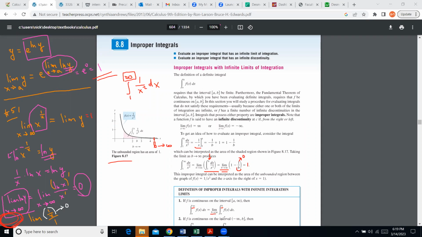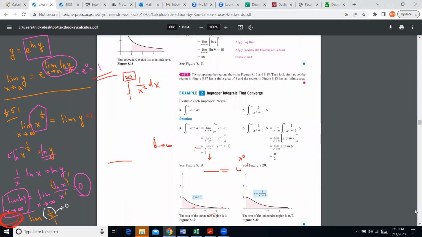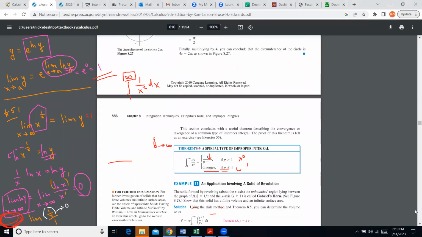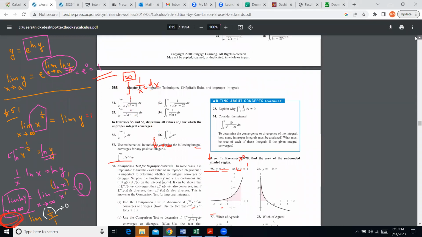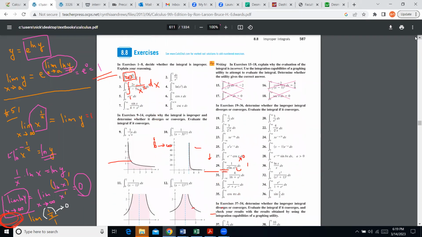We just use the fundamental theorem of calculus, get the answer, and then calculate the limit. These little steps are something that we are already very familiar with.